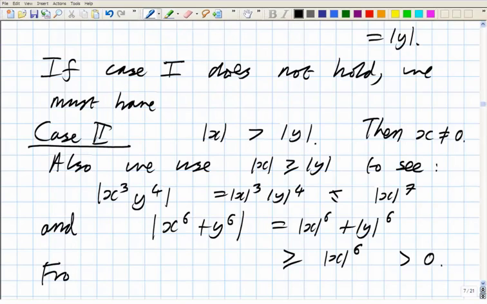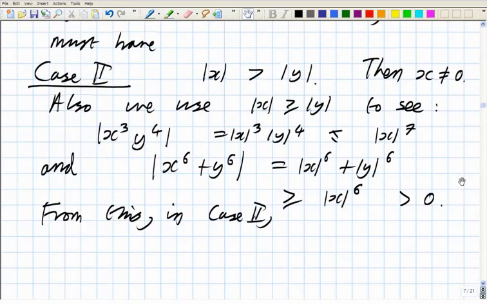From this, in case 2, modulus of f of xy is at most, again, the numerator we know, well, let me write that.